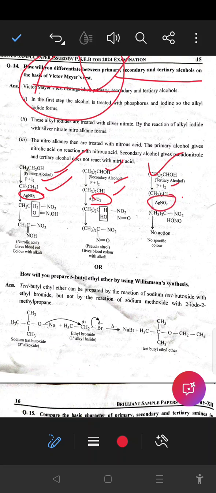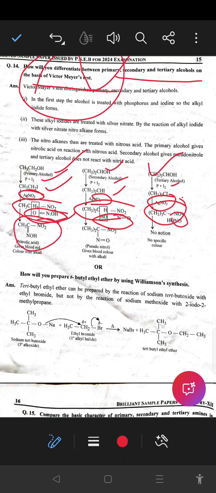There is a product formation of nitroalkane. After that there is an addition of nitrous acid, that is HONO. When nitrous acid is added, the primary alcohol forms nitrolic acid, the secondary alcohol forms pseudo-nitrole, and the tertiary does not give any reaction.